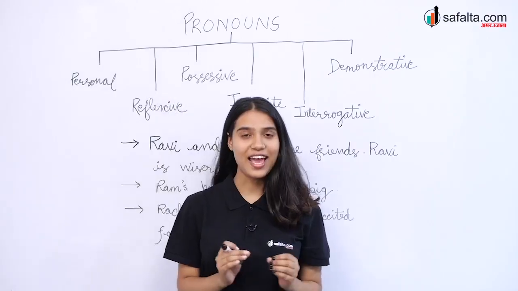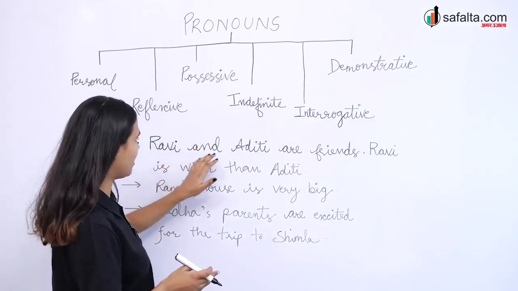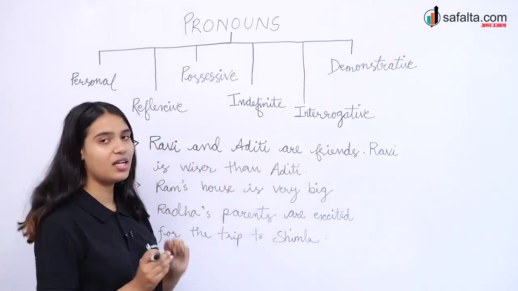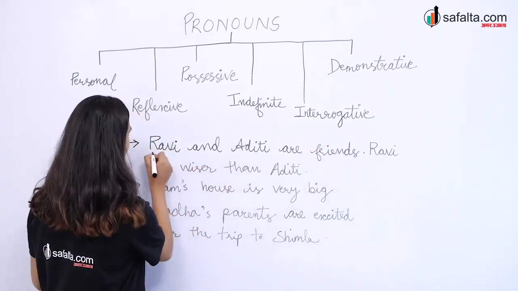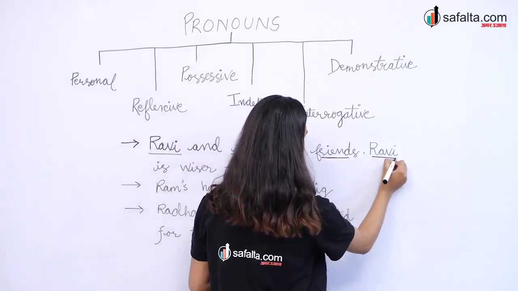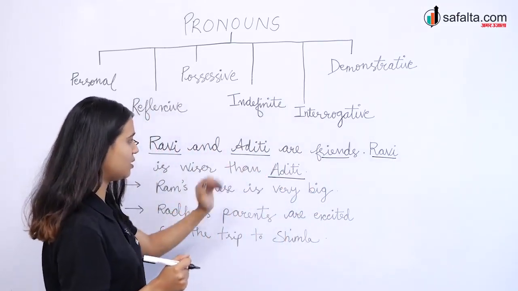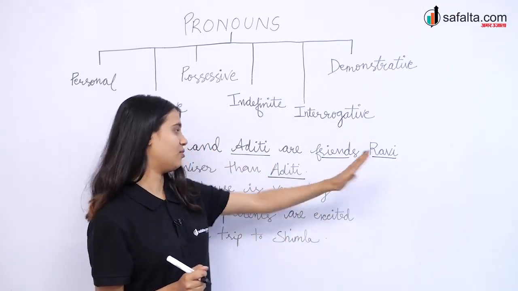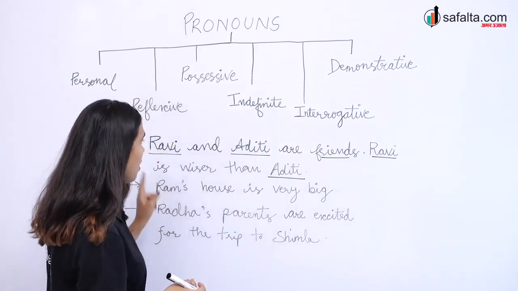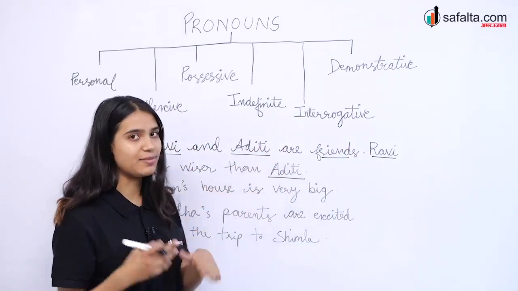I have a few more examples. The first one is: Ravi and Aditi are friends. Ravi is wiser than Aditi. Let's find the nouns. Ravi, Aditi, friends, Ravi, Aditi again. These are all nouns in the sentence. Now, the nouns Ravi and Aditi have been repeated.